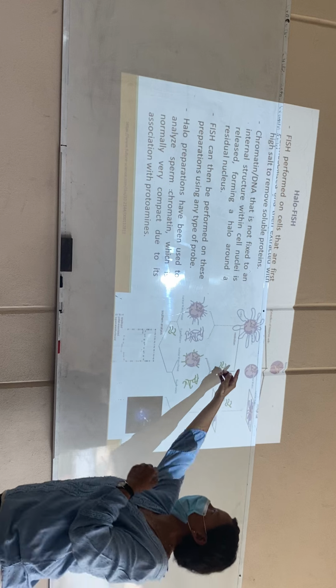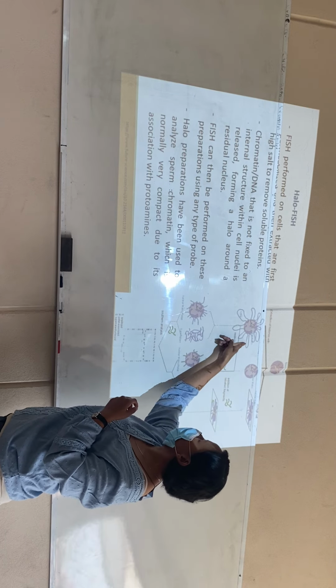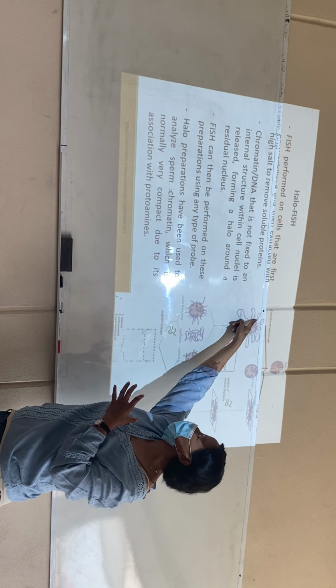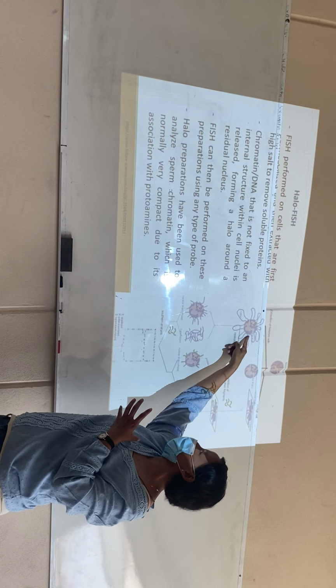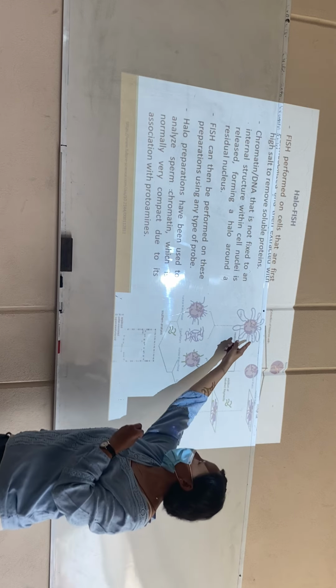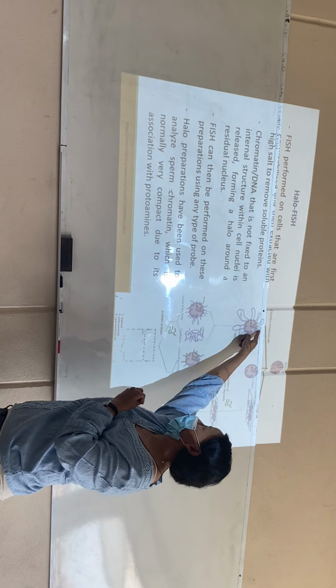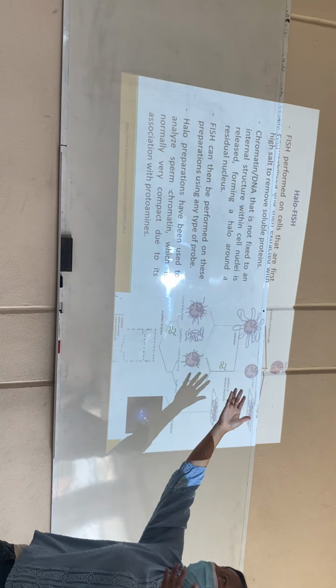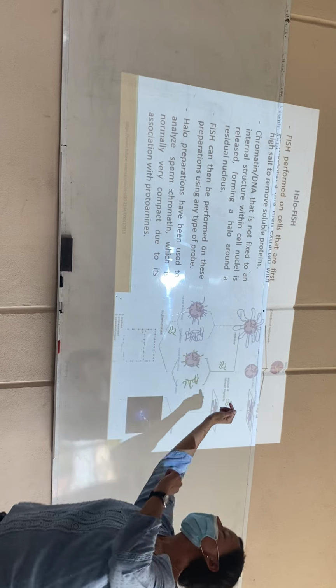And basically what you're observing here in purple are the chromosomes that are released outside the different nucleus pores. And you're observing that we are having something similar to a halo. That is why it's called Halo-FISH.